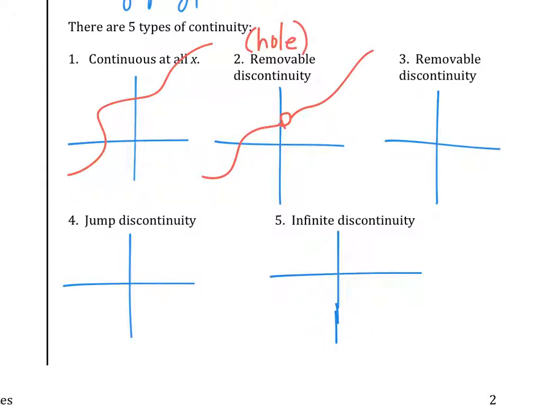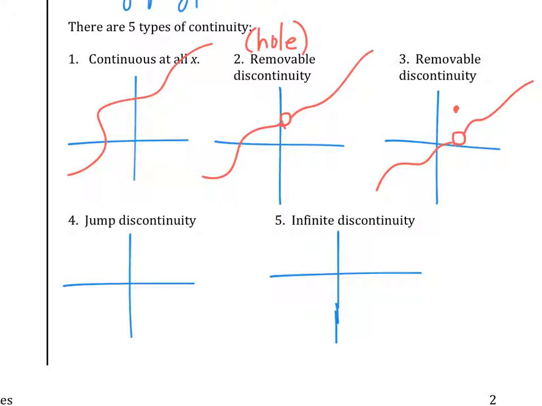Number 3. Number 3 is another removable but different type. So you have this problem, you skip over, which means that there is a hole. But this hole is a little different. There is a point that fills in somewhere else on that same x value. So if you think about it like walking, continuous means you just walk, you never have to skip anything.